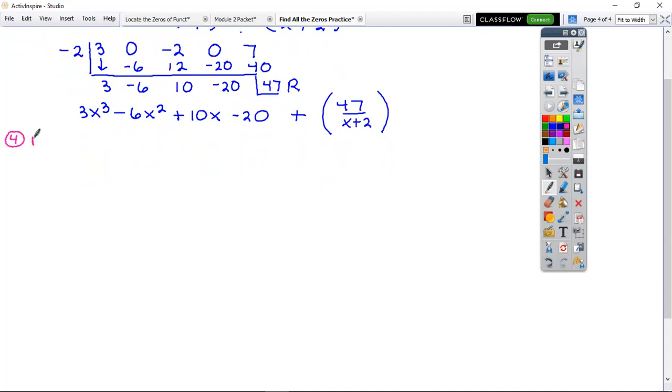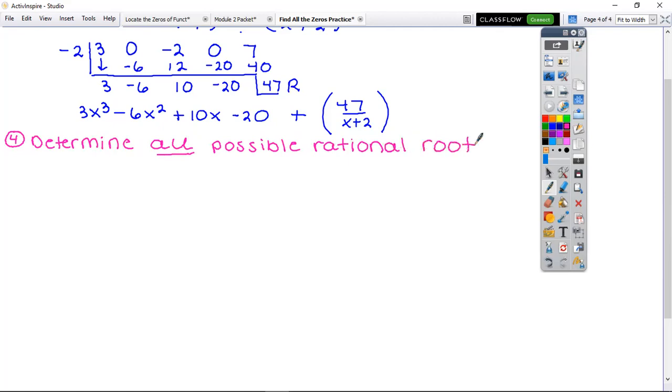I'm going to just say determine all the possible rational roots. So again, you do not have to do Descartes unless you really want to. I would accept your answer if you eliminated some of the answers you could rule out. So determine all your possible rational roots.